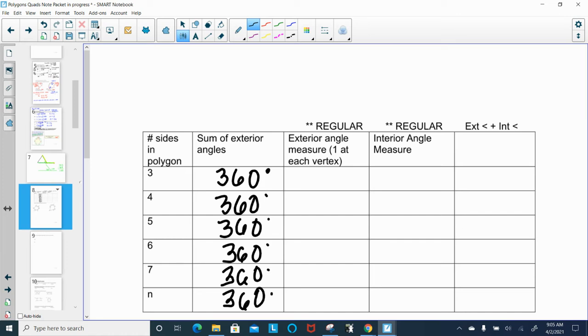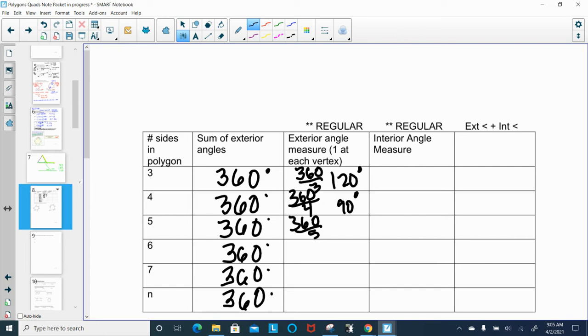Now, if we have a regular polygon, we're just going to divide that by 3. 3 sides. We want one of them. That'll be 120. Divided by 4, that's 90. I might have to get the calculator out here in a minute.